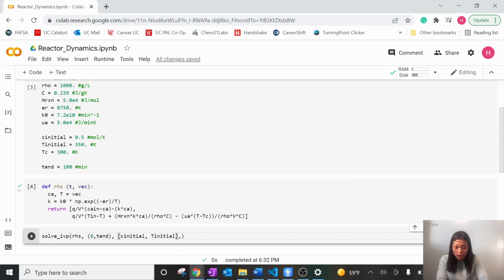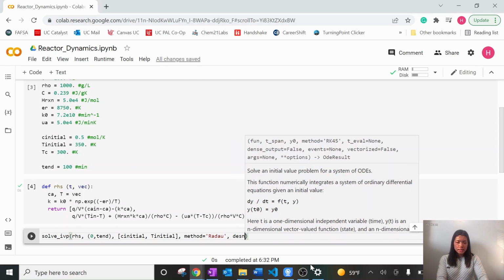And then what we're going to do is method equals Radau. This is a way of solving ordinary differential equations. It's one of the methods that can be used. There's many methods, but this is the method that we will be using for this specific code.